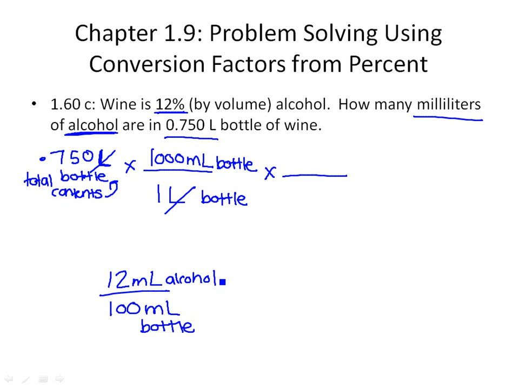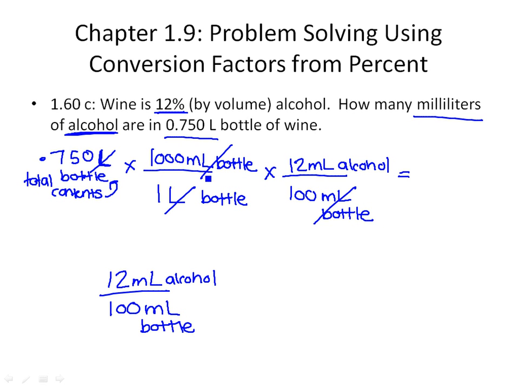This 100 milliliters needs to go in the denominator because it includes the total contents of the bottle. But out of 100 milliliters, since the percentage is out of 100, 12 milliliters is just alcohol.